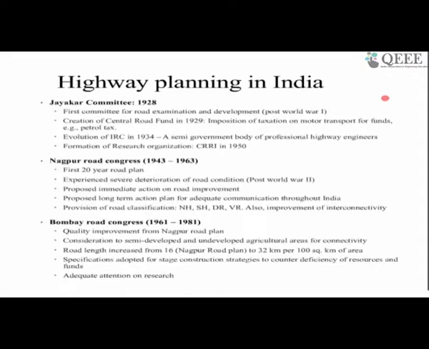This is where the necessity came to find out the category of roadway. So they proposed the road classification such as national highway, state highway, district road, village road, and so forth. Why did they do this classification? To prioritize the funding. There are again categories of roadway, like national highway means it's of national importance.